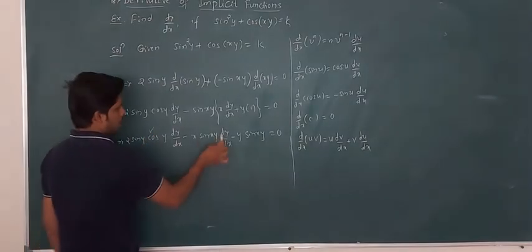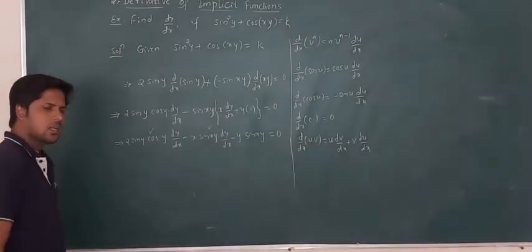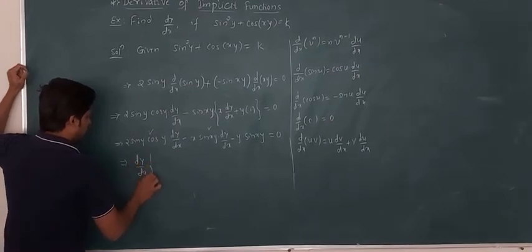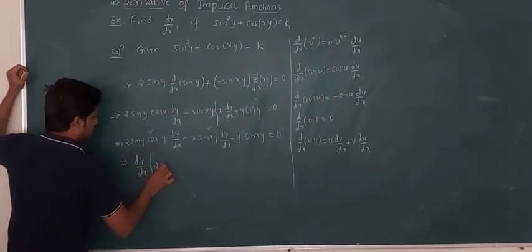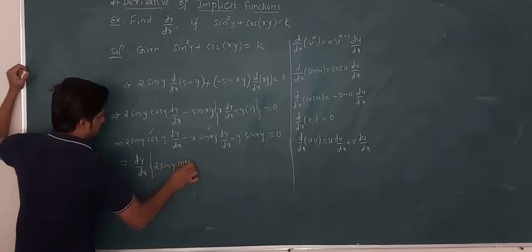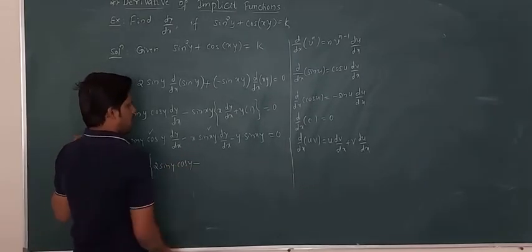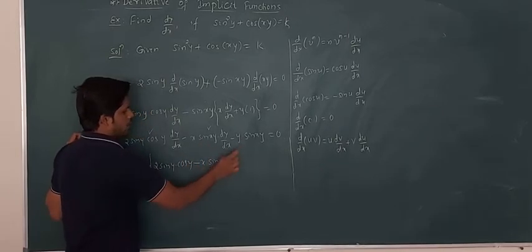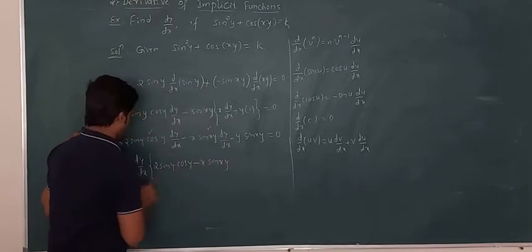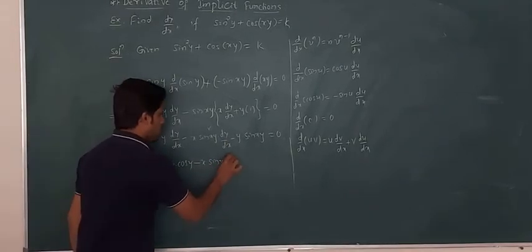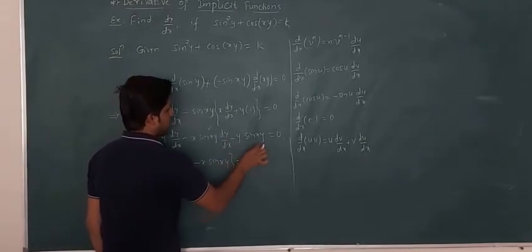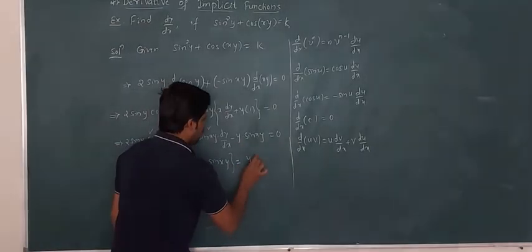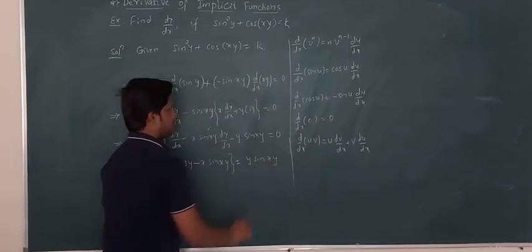In the first term and second term we have dy by dx as common, so take it outside. We get dy by dx into 2 sin y cos y minus x into sin xy is equal to, transferring the minus y into sin xy to the RHS, y into sin xy.